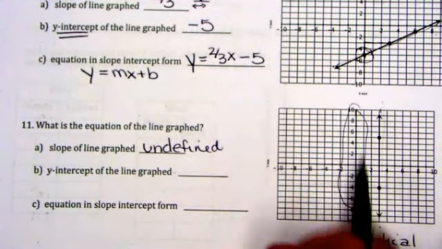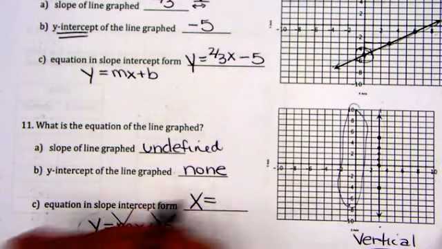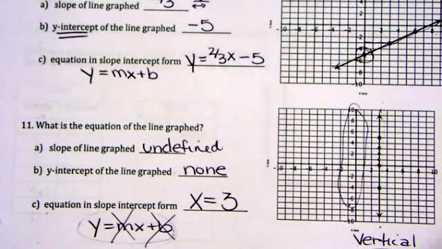This does not fit into our traditional form for an equation of a line. There's no slope and there's no y-intercept. So to write the equation of a vertical line, it's actually x equals, and you look at what x value is being used on this line. And on this line, x is always equal to 3.